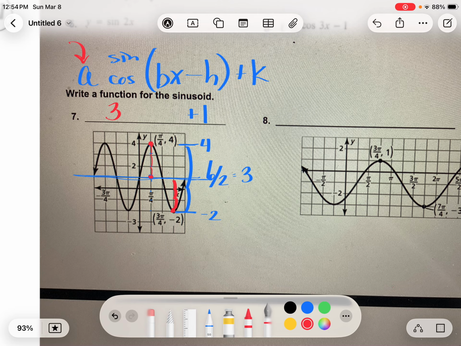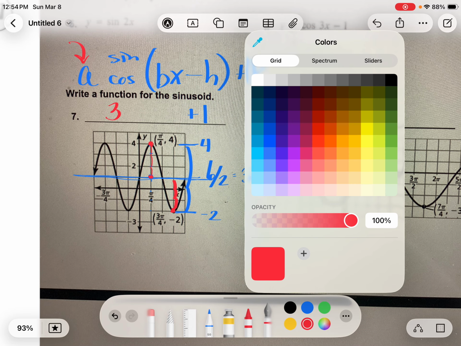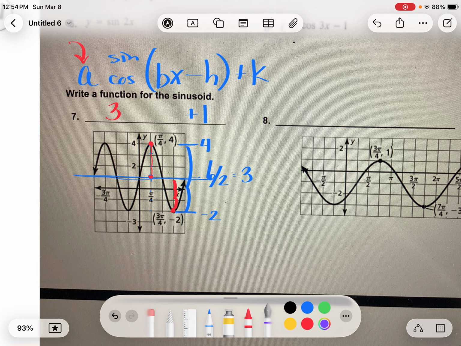Then, next, let's use the purple. Now the next thing I'm going to look at is the middle line with respect to the y-axis. If it's hitting the middle line right on the y-axis, that's going to tell us it's a sine curve.